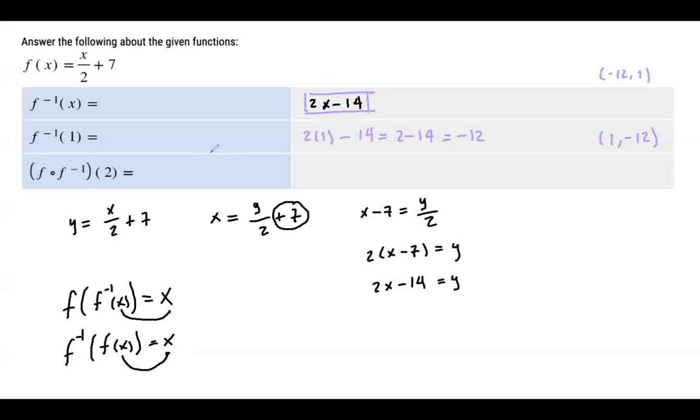So because those two are inverses of each other, that means that if you have f composed with the inverse taking an input of 2, if you do the whole process, you're going to end up with a 2. So the input will end up as the output.